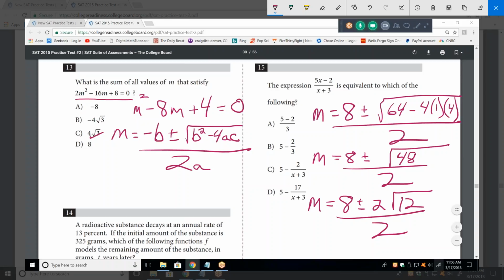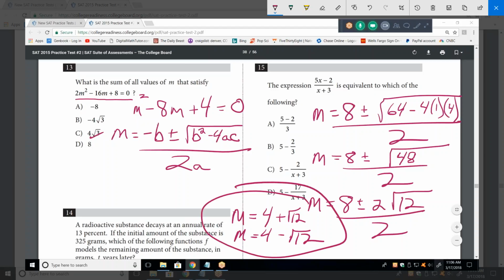So this gives me an answer of m equals 4 plus root 12, and m equals 4 minus root 12. What's the sum of those two?